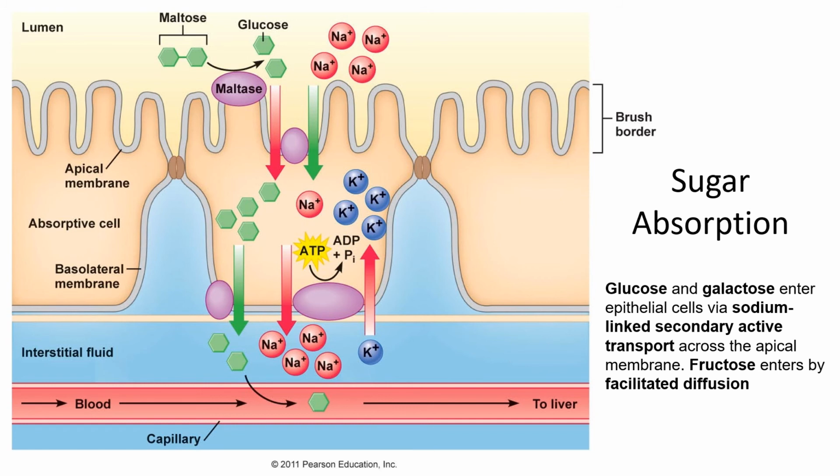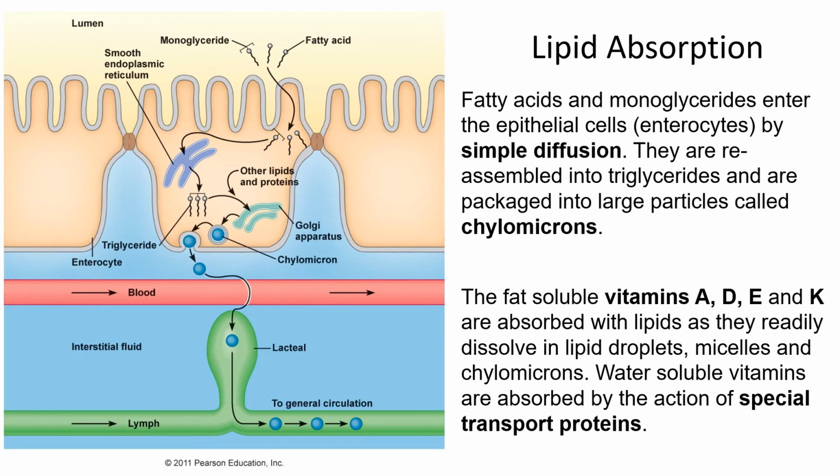And this is where there's channels that set up ideal conditions for those molecules to move, but it doesn't require ATP to do so. Lipids behave quite differently. So remember that lipids are going to be broken down into monoglycerides and fatty acids. These are hydrophobic and they cross the membrane quite easily into the enterocytes, the epithelial cells that line the intestine.